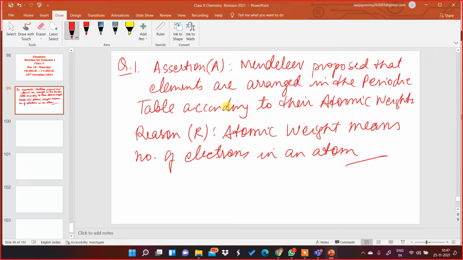Okay, so I'll not give you the options over here. You have to read the assertion very carefully and then read the reason also, and then decide whether the assertion is true, whether the reasoning is true, whether the assertion is false, or whether the reason is false.